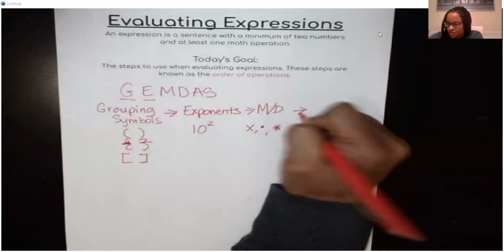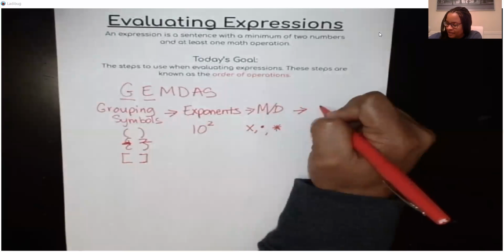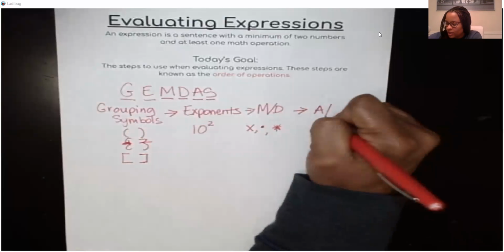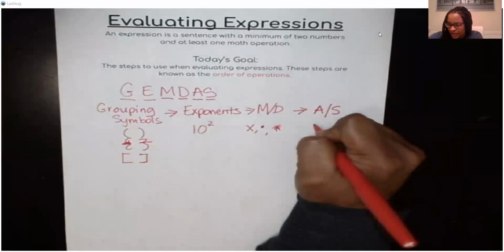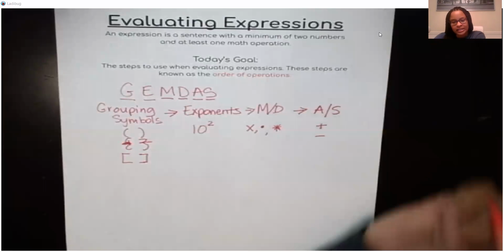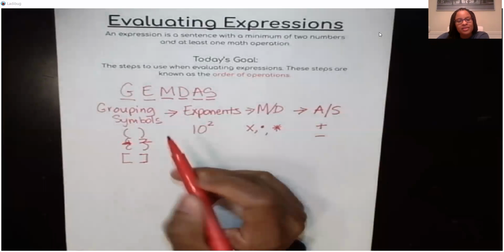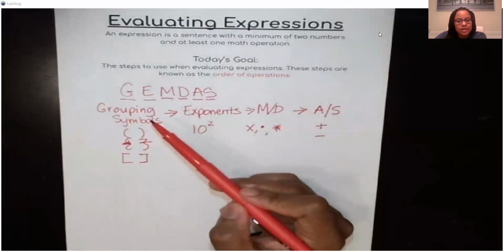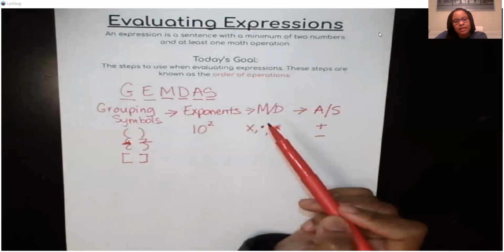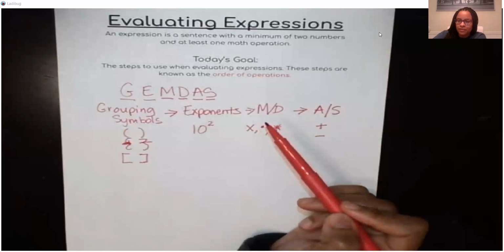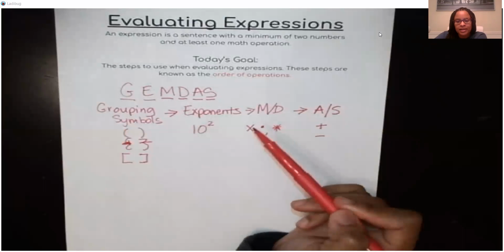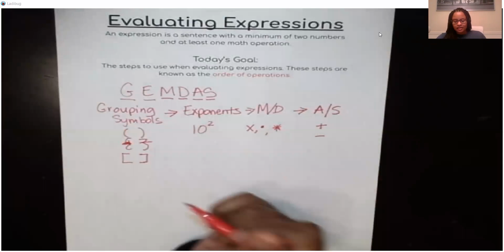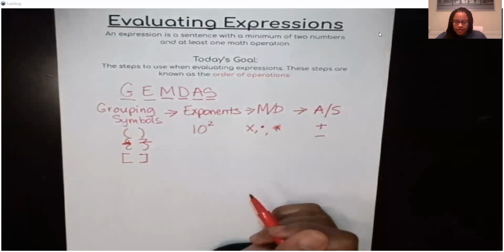And then we have M and D, A and S. Can you add or subtract? And so that would be adding or subtracting symbols. So this is going to give us our order. Remember that you're first going to look at grouping symbols, exponents, multiplication or division, and then addition or subtraction, okay? So let's try solving a couple of problems together, all right?